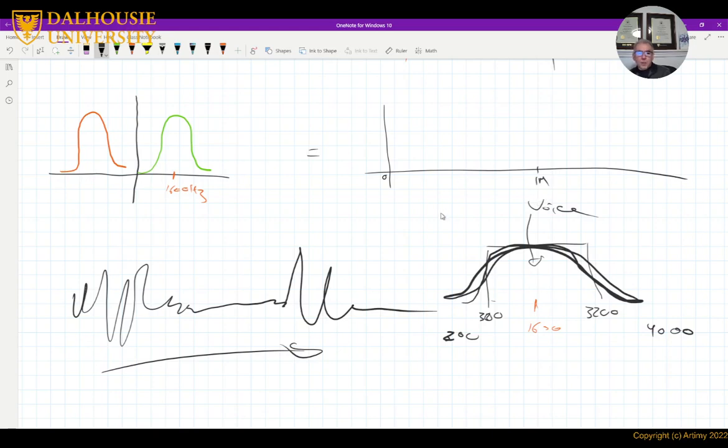Everything will be shifted by 1 meg, including the negative side. So what you'll see here is the negative side and the positive side both shifted. And funny enough, these will be flipped on the other side as well.